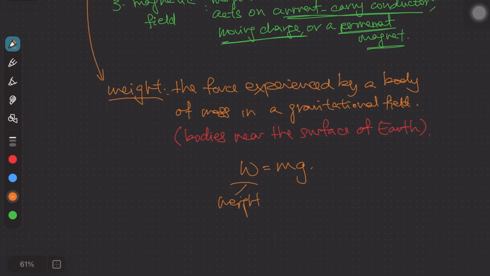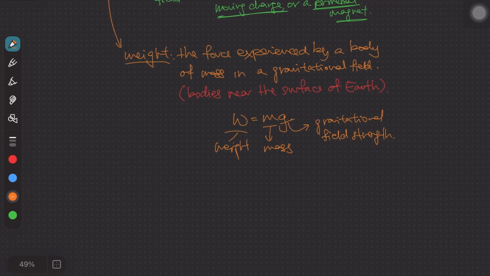Weight is equal to mass times our gravitational field strength. It is also the gravitational acceleration. So for our model of weight, we can see it as a force that acts vertically downwards towards the center of the Earth through a single point on or outside the body.